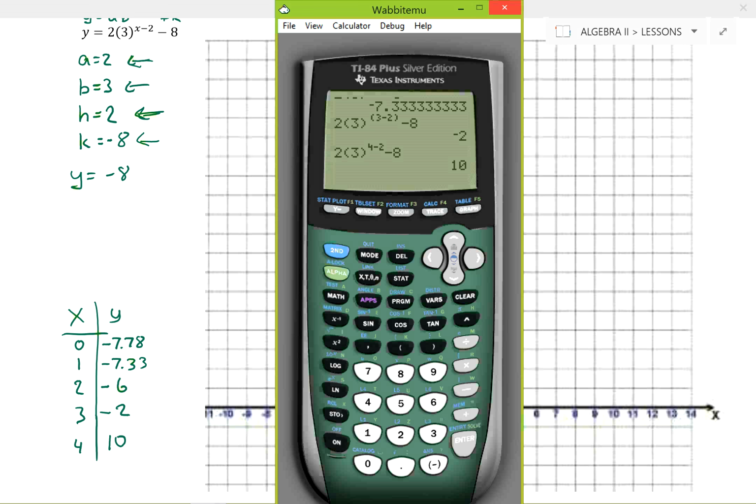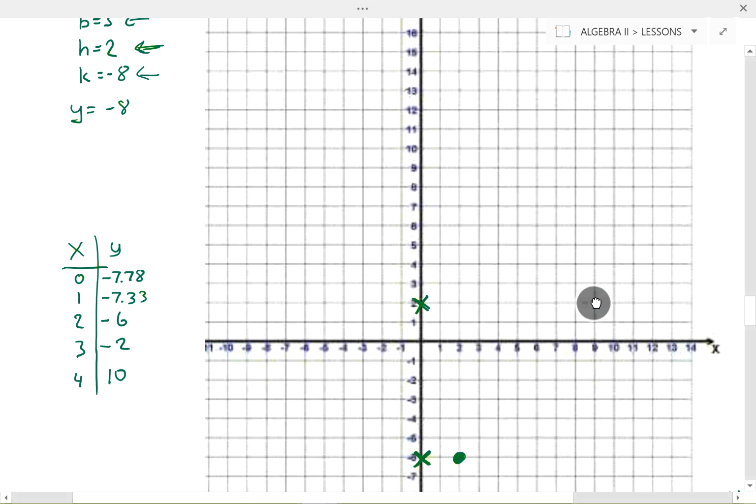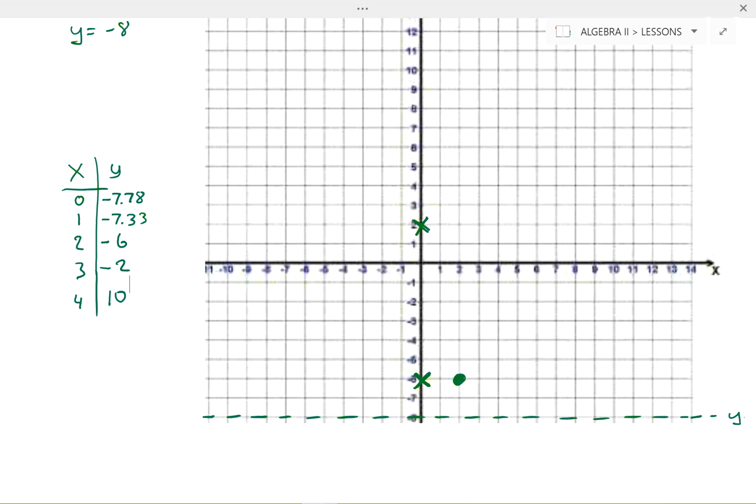So we've got some points now that we can graph and connect the dots. So (4, 10) is way up here. (3, -2), (2, -6), (1, -7.33), and (0, -7.78).